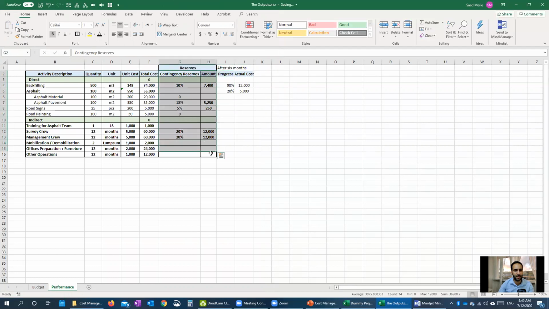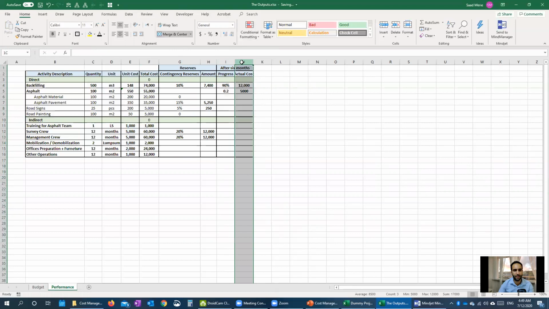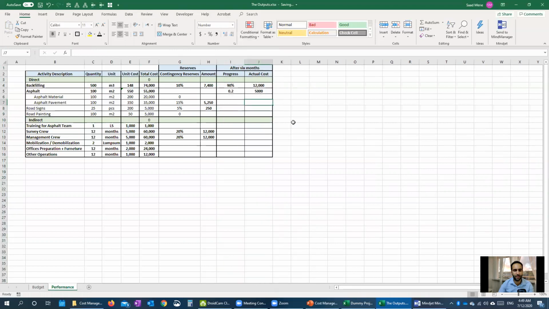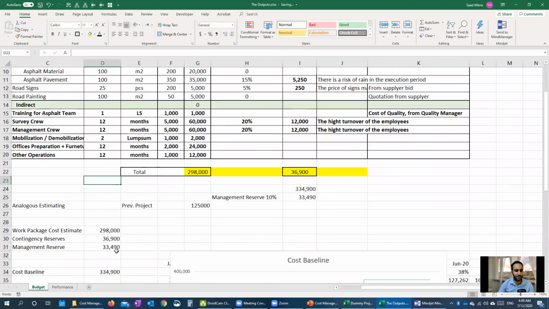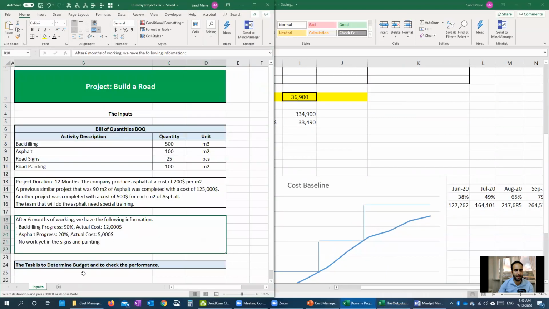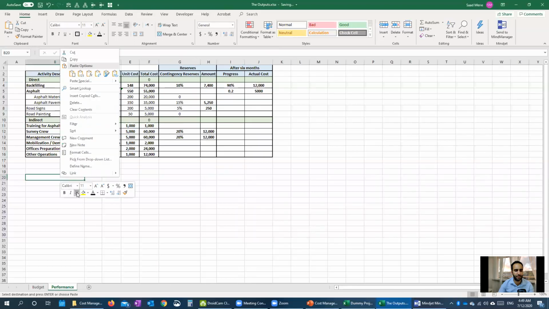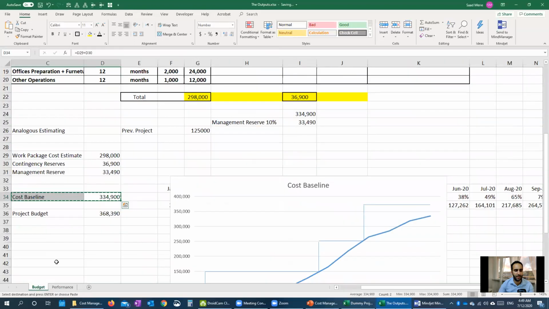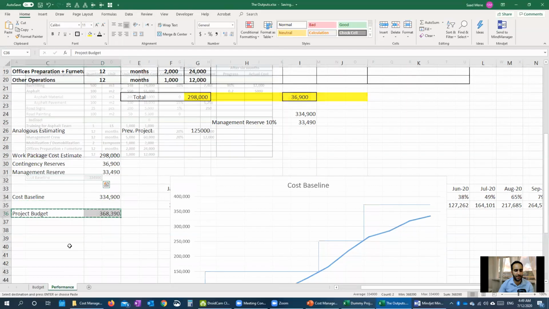So let's see the other information that we have. Now, for the total actual, we said in the first one that our cost baseline is 334, and our project budget is 368.